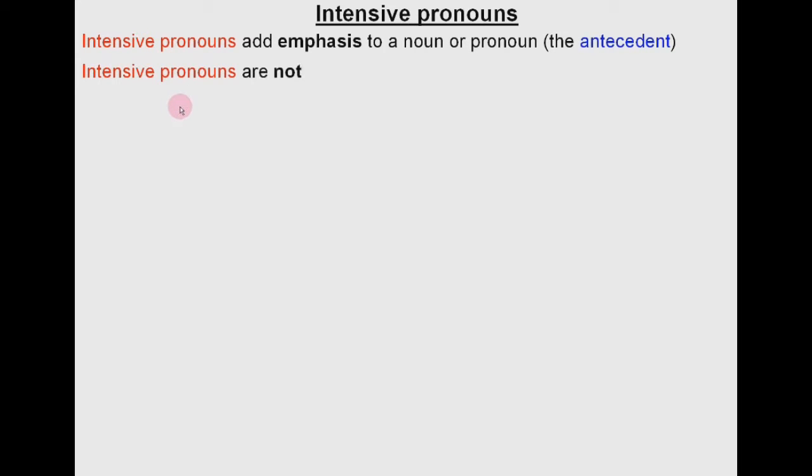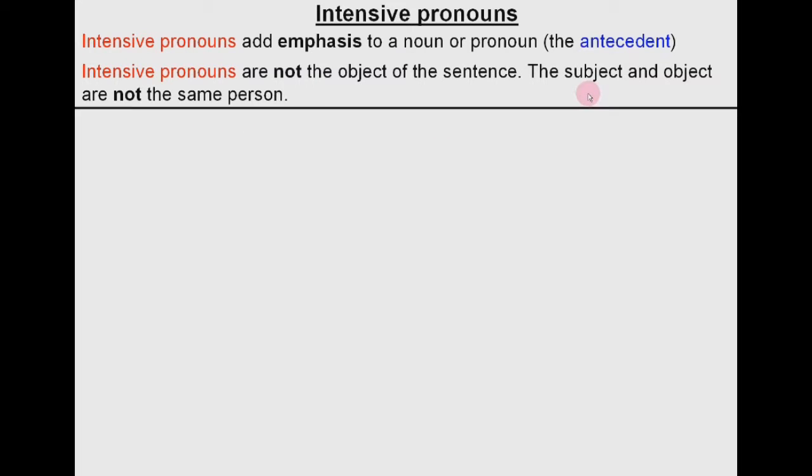Intensive pronouns are not the object of the sentence, and unlike reflexive pronouns, the subject and object are not the same person. So we are not reflecting back to the subject. Okay? We do not have the concept of a reflexive verb.